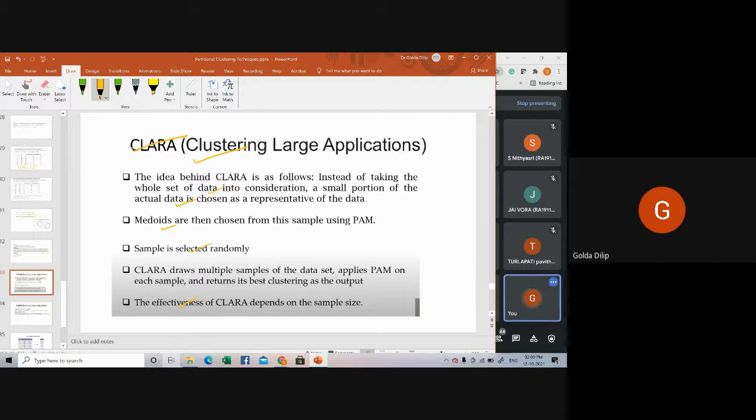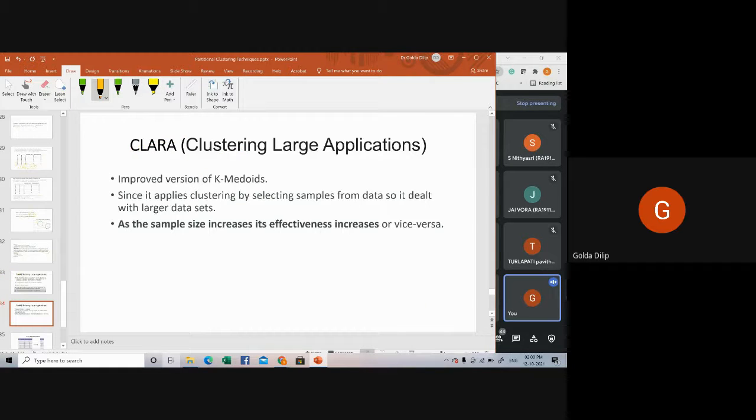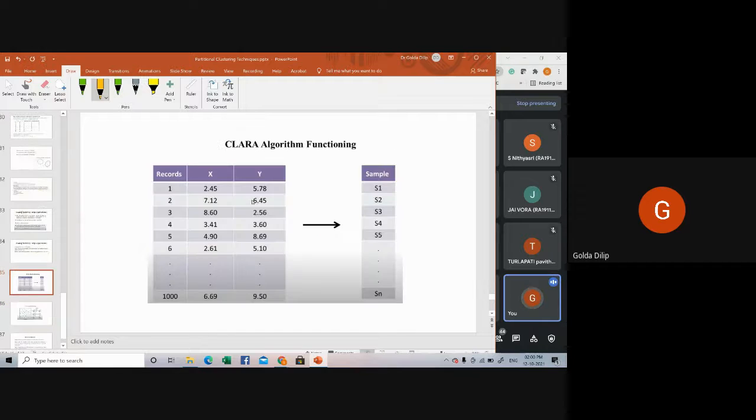You apply the PAM technique on each of the samples drawn, and that returns the best clustering as the output. So it's an improvised version of k-medoids since it applies clustering by selecting samples from data, so it deals with larger data sets. As the sample size increases, its effectiveness increases, or vice versa. You can see here it is not worked out; only the concept is mentioned.